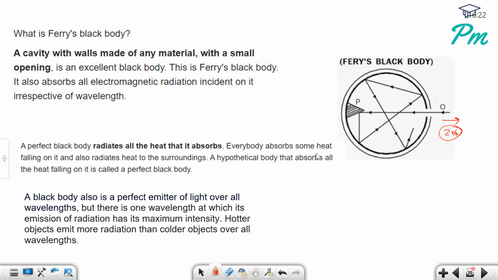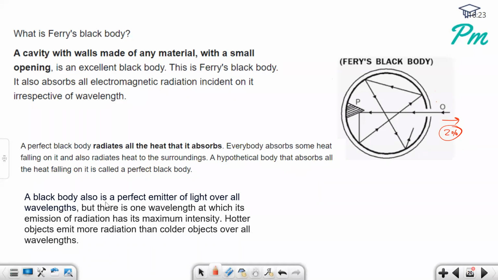Every body absorbs some heat falling on it, and also radiates heat to the surroundings. A hypothetical black body that absorbs all the heat falling on it is called a perfect black body. Meaning if a body absorbs all the radiation or heat falling on it, then it is called a perfectly black body.